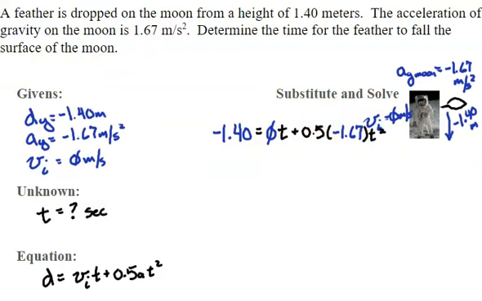Now any number multiplied by 0 is 0, so this blows up, and we're left with negative 1.40 equals 0.5 times negative 1.67 times t squared.